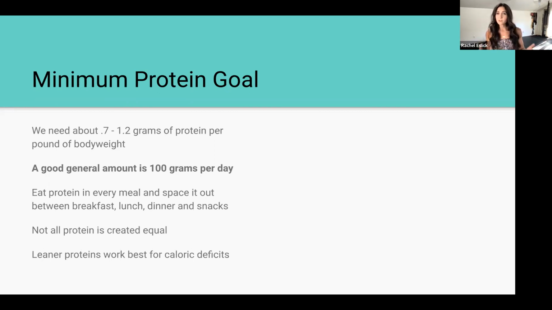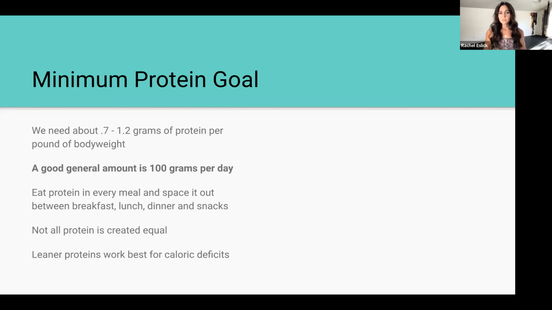So if you're already at a healthy weight, you can calculate 0.7 to 1.2 grams of protein per pound of body weight. But a great starting place for women and men is going to be 100 grams per day. And for some people, this is going to feel like a big stretch goal. And for other people that have been practicing a little bit more, no big deal.